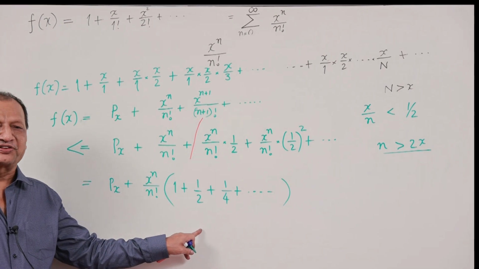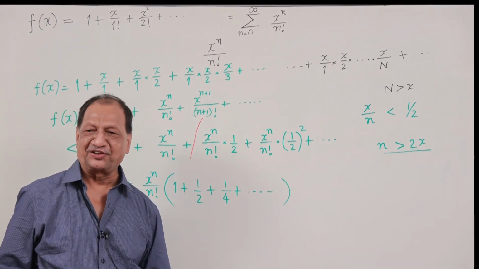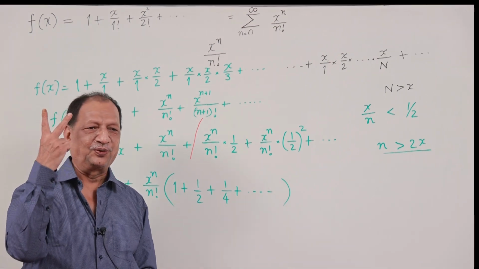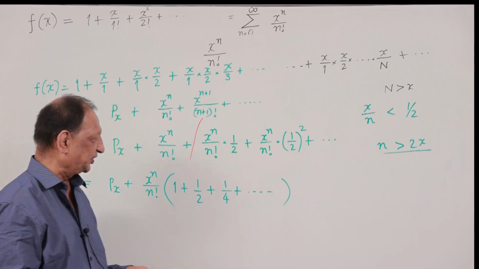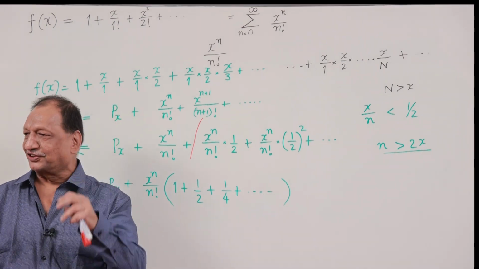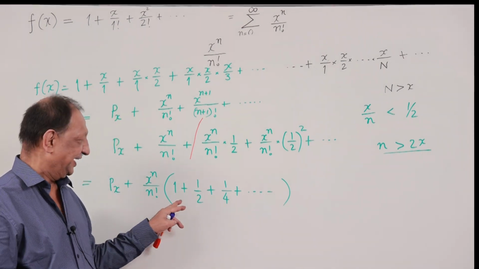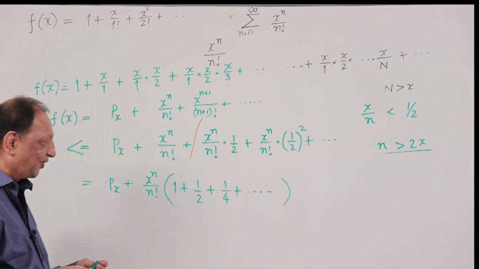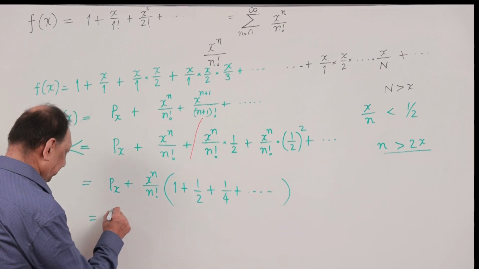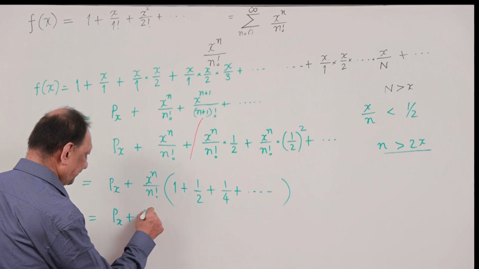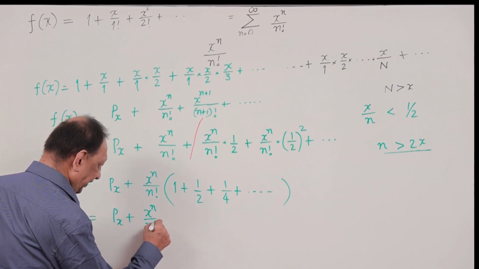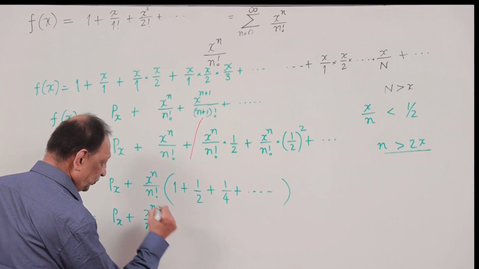It's a beautiful geometric series and we know it converges to 2. Correct? 1 plus half plus 1/4 plus 1/8 etc. converges to, it's definitely a convergent series and we know what it converges to also. So equal to px plus x power n by n factorial multiplied by 2.